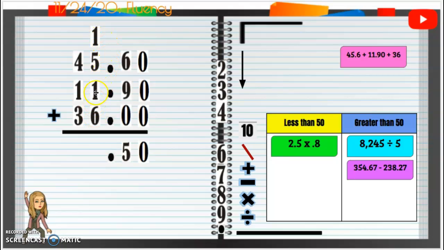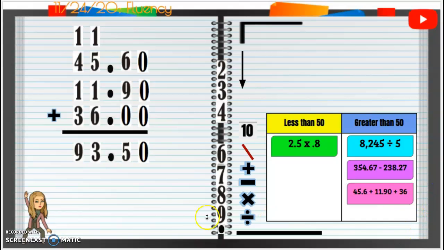Plus 6 is 12. Plus 1 is 13. So I'm going to carry that 1 and drop that 3. 4, 5, 6, 7, 8, and 9. So I get 93 and 50 hundredths. So this is definitely bigger than 50, greater than 50. All right, awesome. Perfect, that's it for our fluency. Great job.